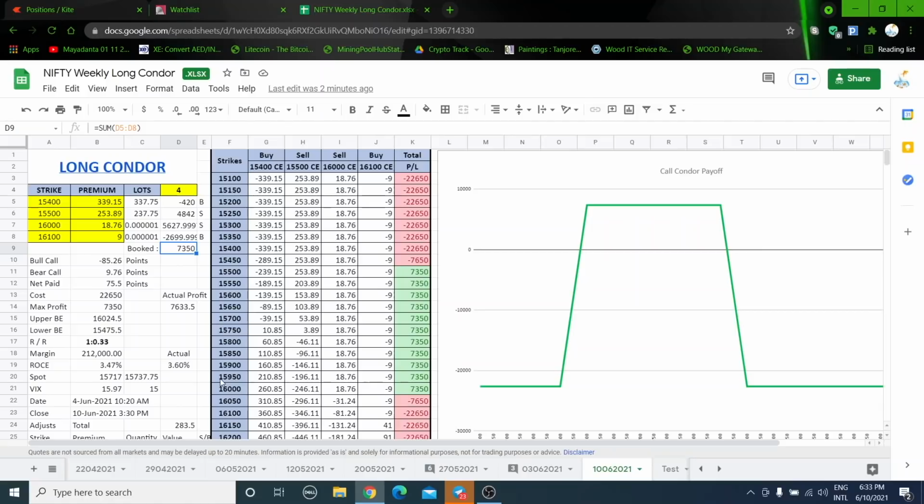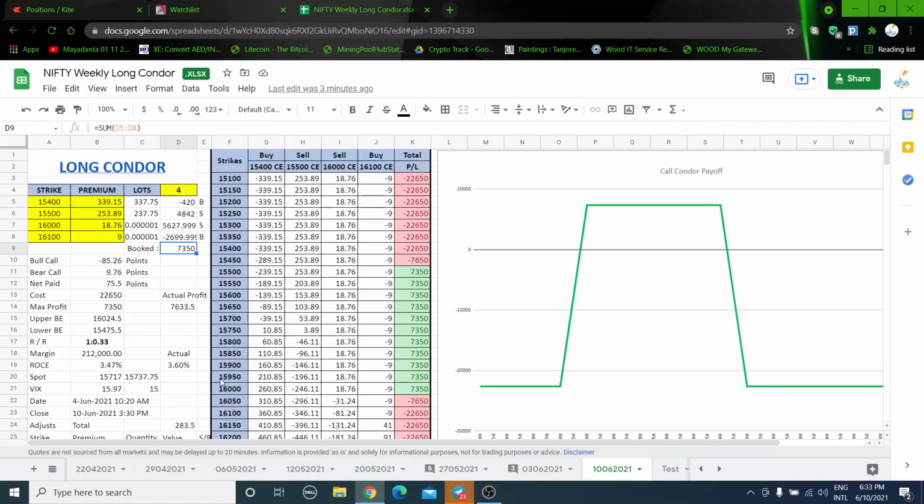Probably the top two, like Reliance, will have some liquidity for the next month, but in the third month you will not have any liquidity on any stock options. But in Nifty you will definitely have good liquidity, so please stick to Nifty.